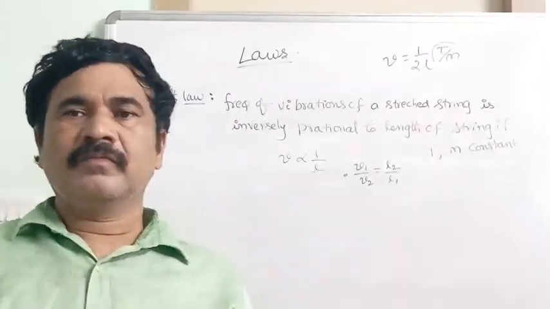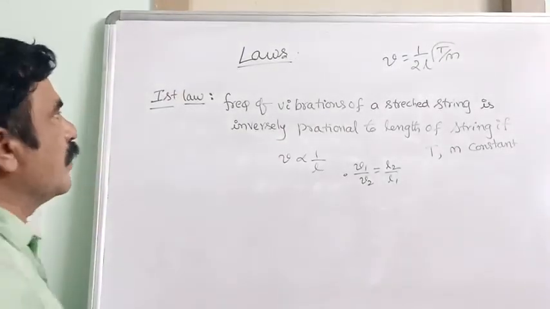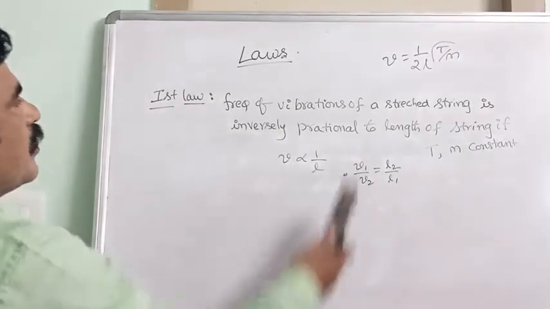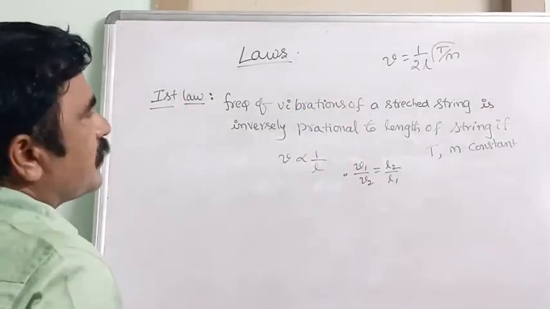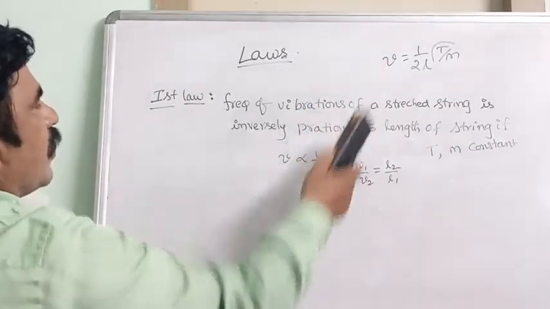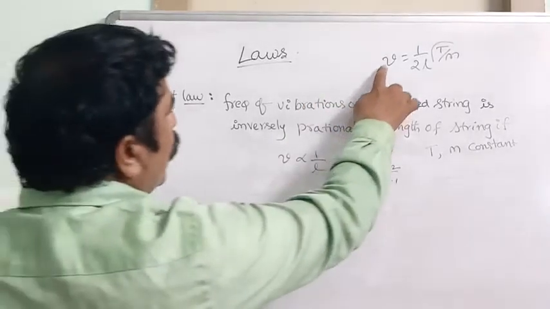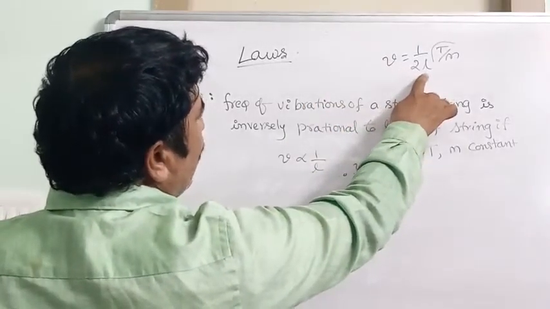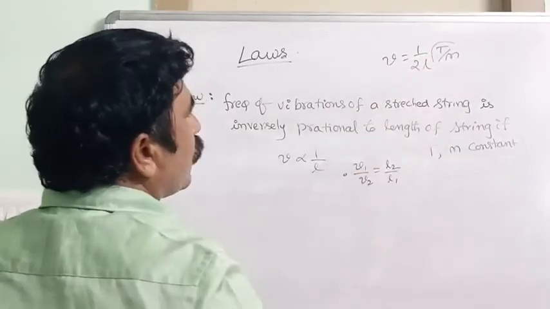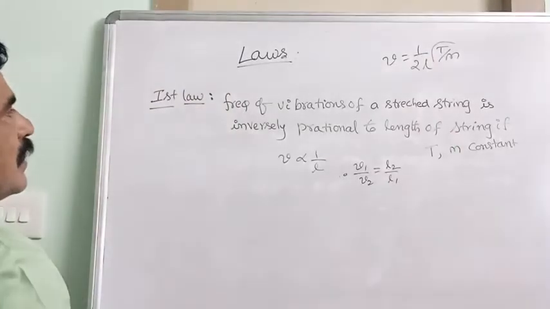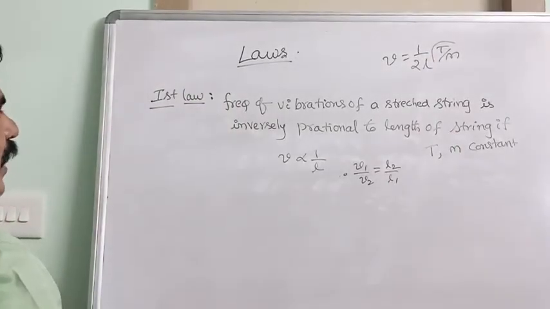Now I am telling the laws of vibrations of a stretched string. We know the formula for the frequency of a stretched string: nu equals 1 by 2L root T by M. So nu is proportional to 1 by L, nu is proportional to root T, and nu is proportional to 1 by root M. These are written as three laws.